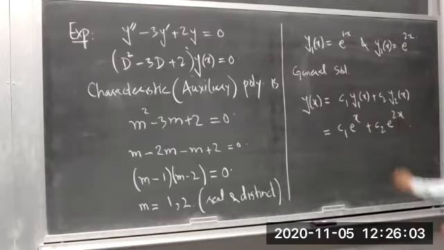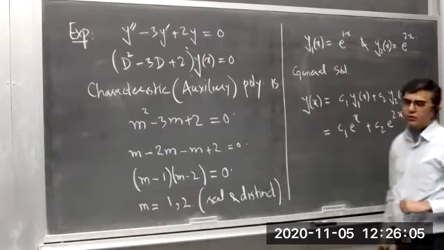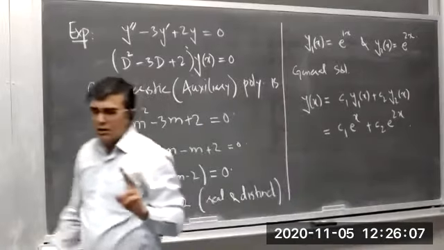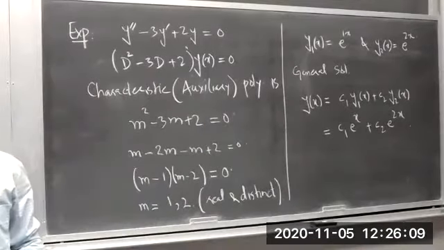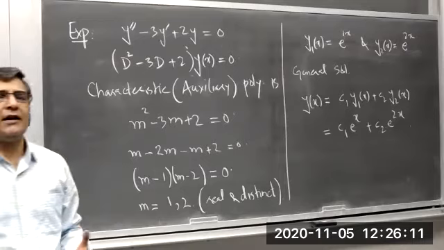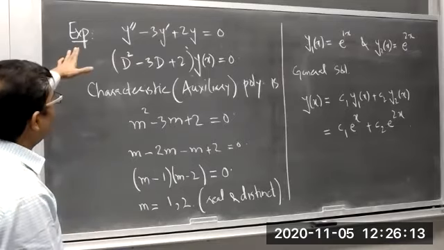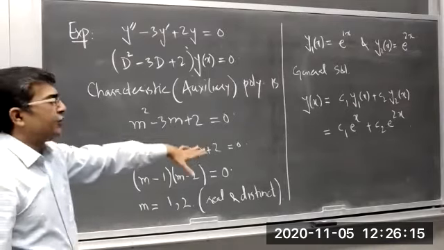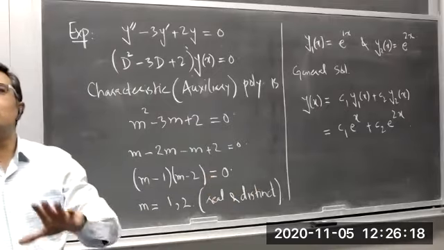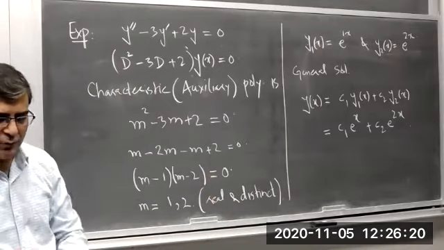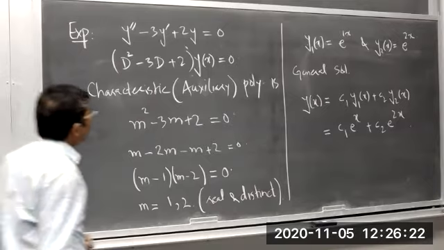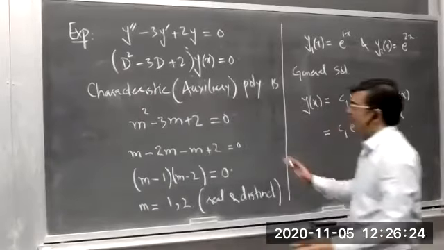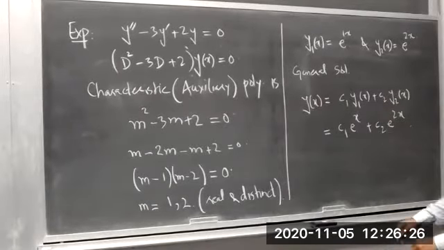This is the general solution of the given second order ODE, which involves two unknown parameters. And I already told you that if you have a second order ODE, then its general solution must have two unknown parameters. I hope you get it. If you have any question, you can ask me.